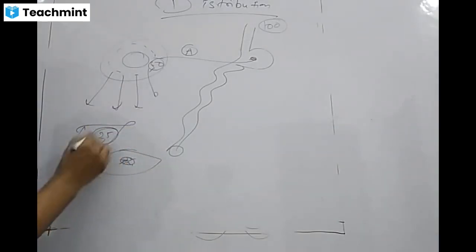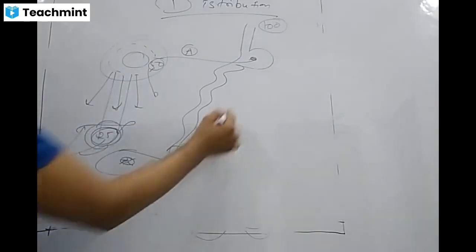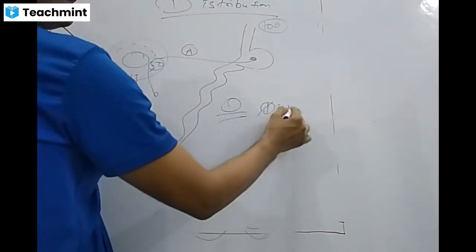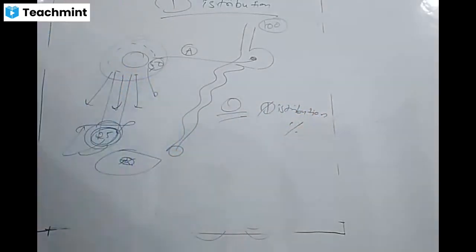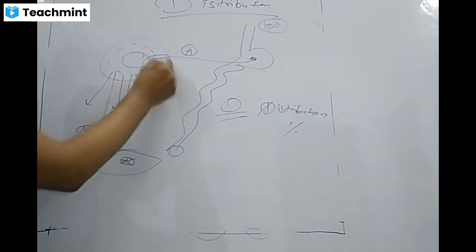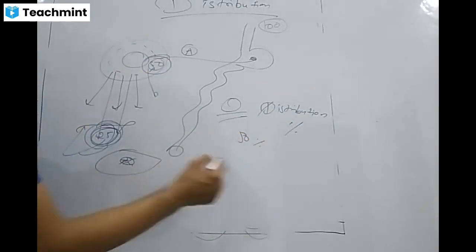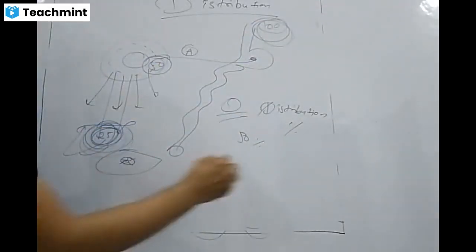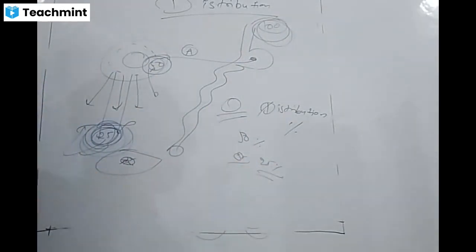If 25 molecules reach at this point, then my question is, what is the distribution percentage? It is 50% or it is 25%. So what is the distribution in this case?